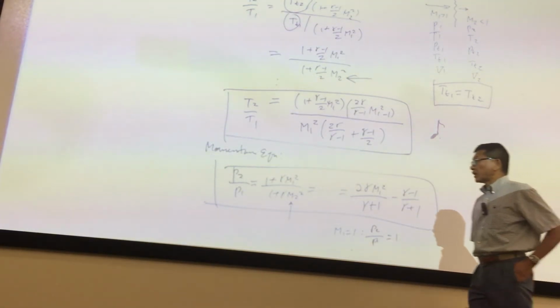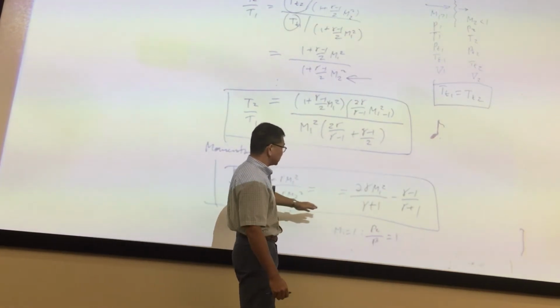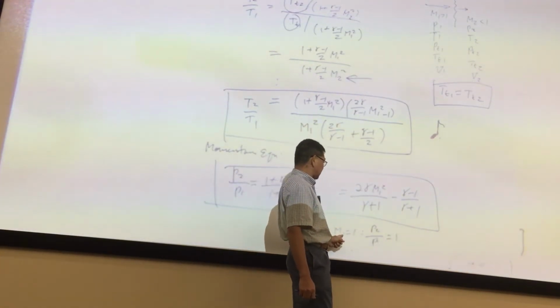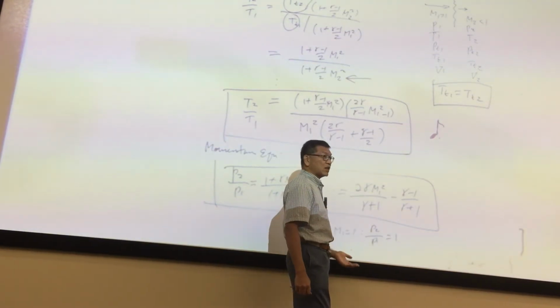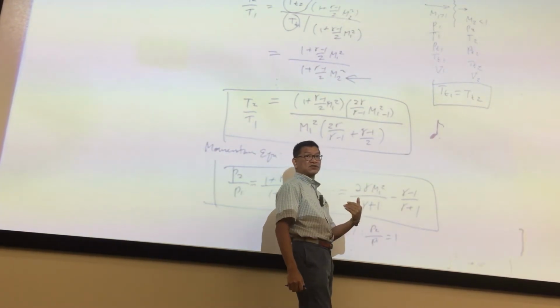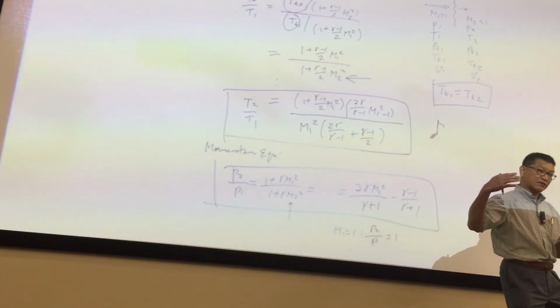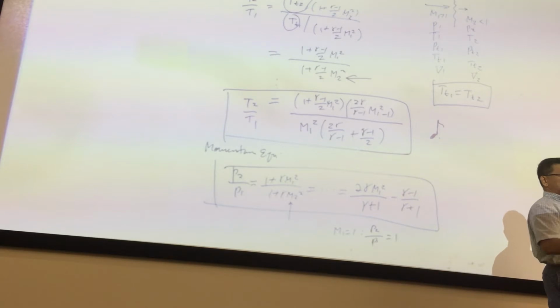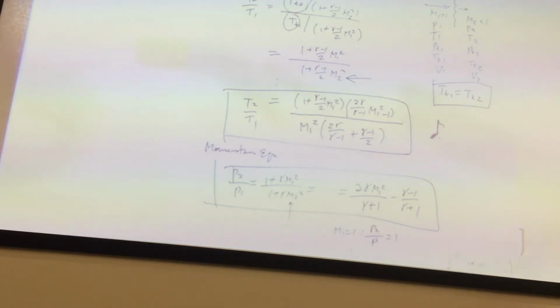And since a shock wave is a compression, this has to be greater than 1 as always. In the limiting case, this will be equal to 1. Now, if M is less than 1, this becomes negative. It's like a reverse shock. That's not possible. So instead of flow going in that direction, you must be talking about flow going in the other direction. But either way, it's fine.